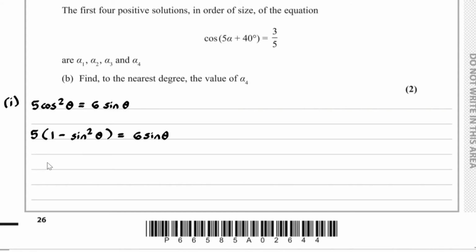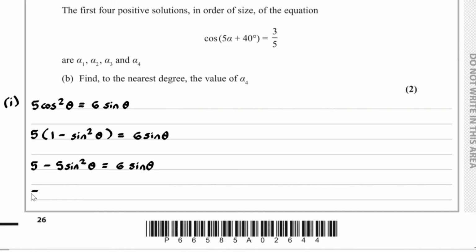And if we expand the brackets on the left hand side, we've got 5 minus 5 sin squared theta equaling 6 sin theta.